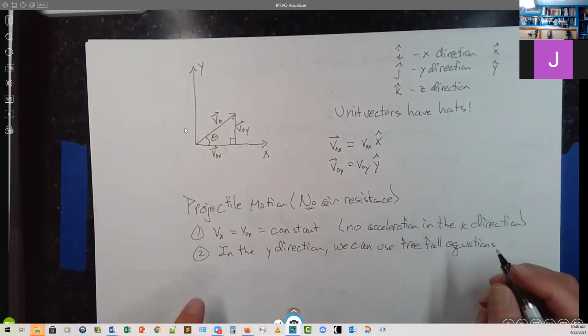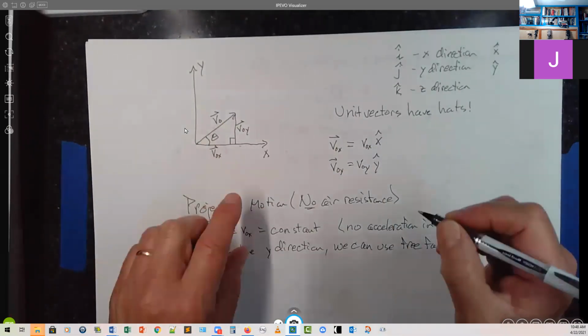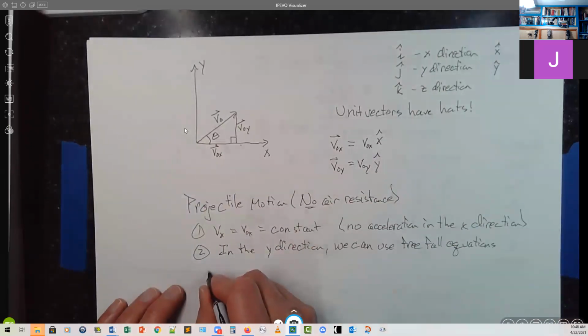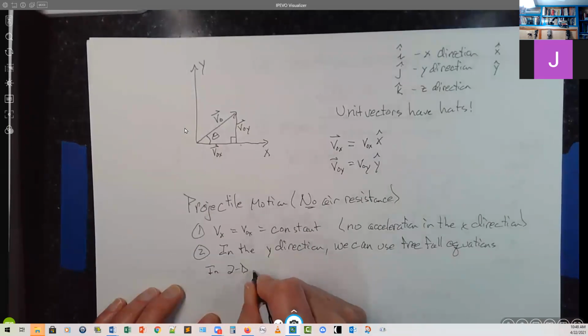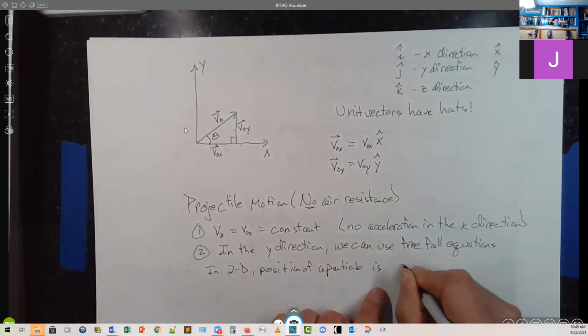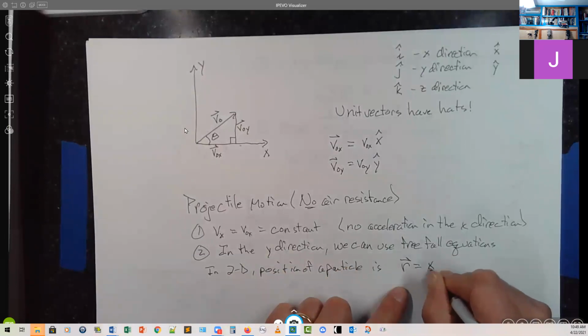But in 2 dimensions, we might describe the position of a particle in 2D as r equal to x in the x hat direction.